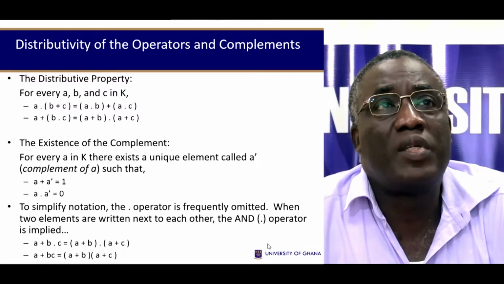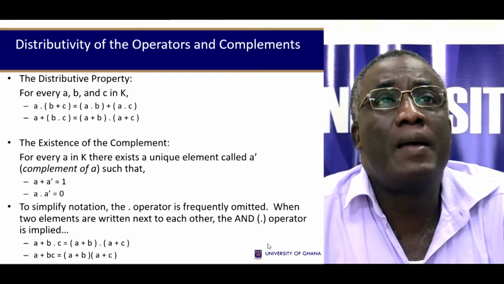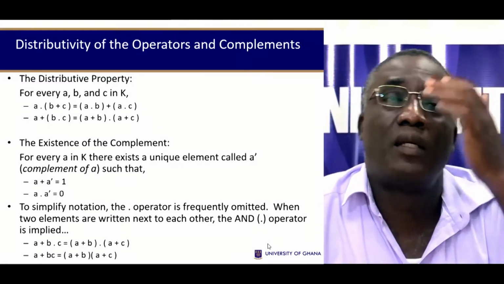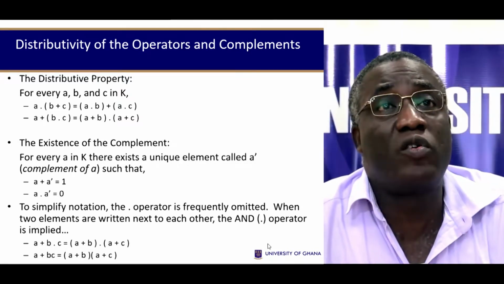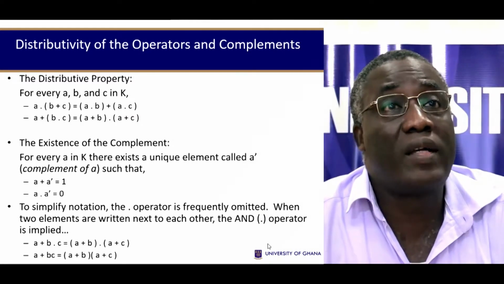And then the other one will be A or (B and C) will be the same as (A or B) and (A or C). These are things you can verify for yourselves, by looking at the truth tables, for example, writing the truth tables for this.